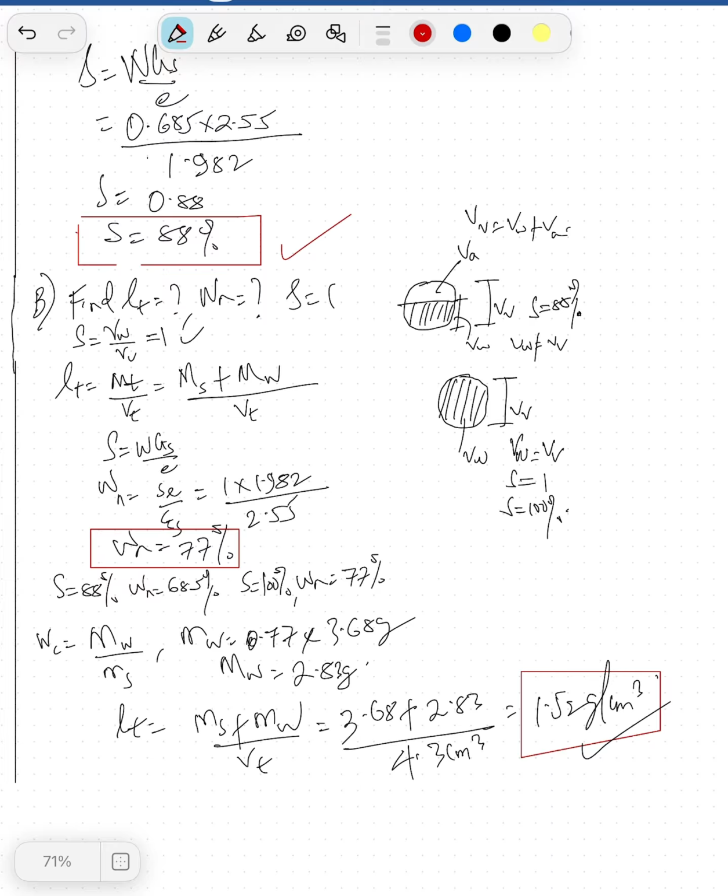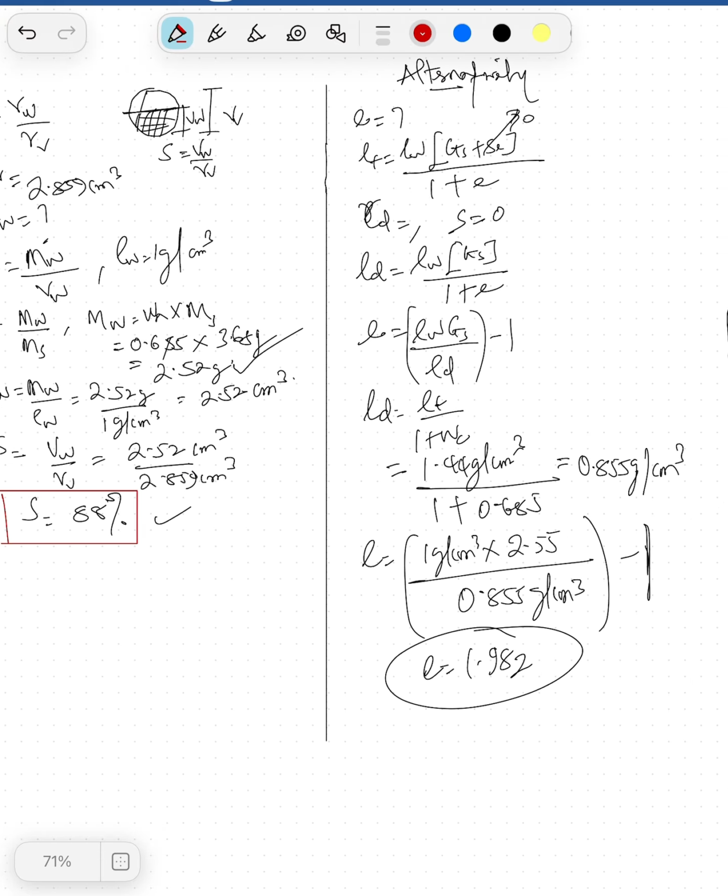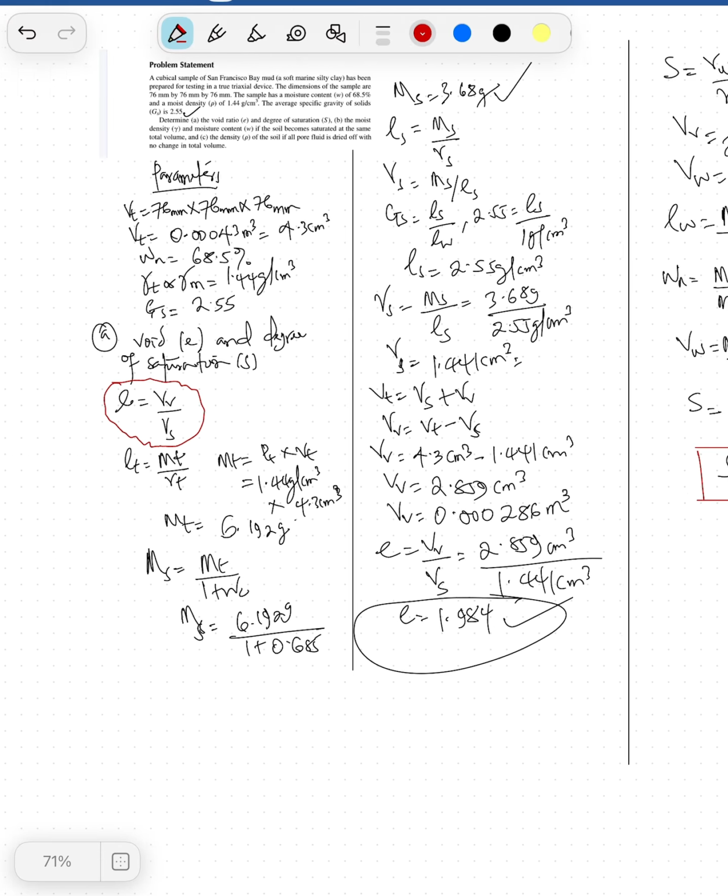We can find this using a different method, but I think we can use the same equation we used earlier, but let's just proceed with the question without wasting much of our time.